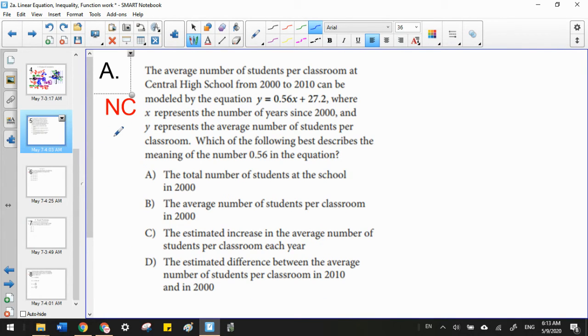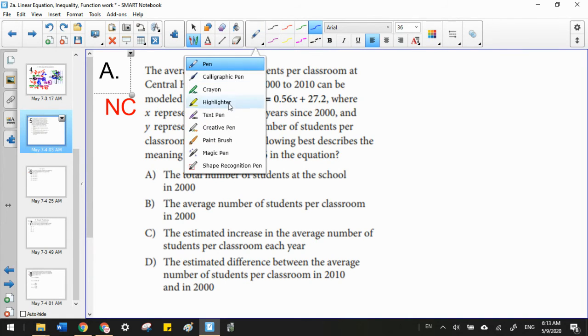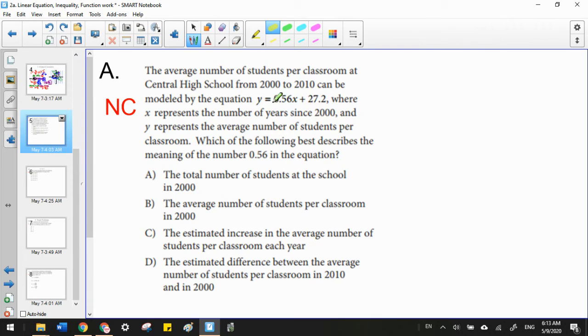Okay, first one. The average number of students per classroom at Central High School from 2000 to 2010 can be modeled by the equation y equals 0.56x plus 27.2. So this is the equation I'm working off of. And they're telling us x represents the number of years since 2000 and y represents the average number of students per classroom.